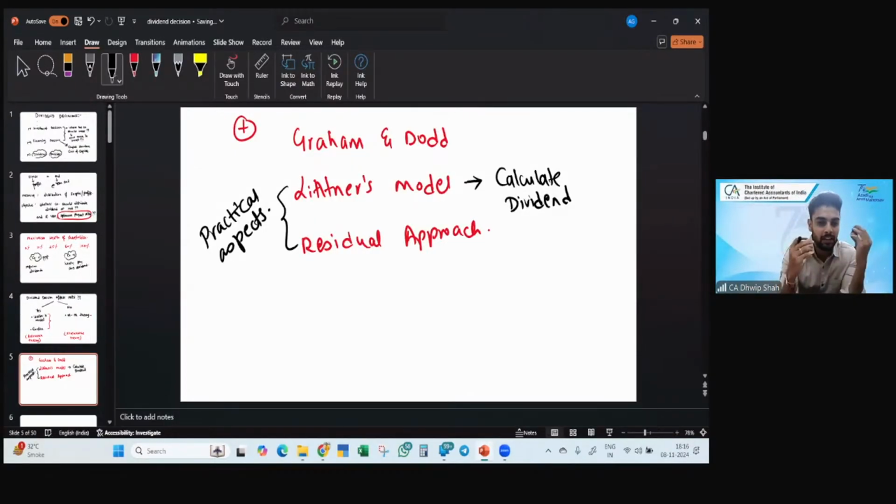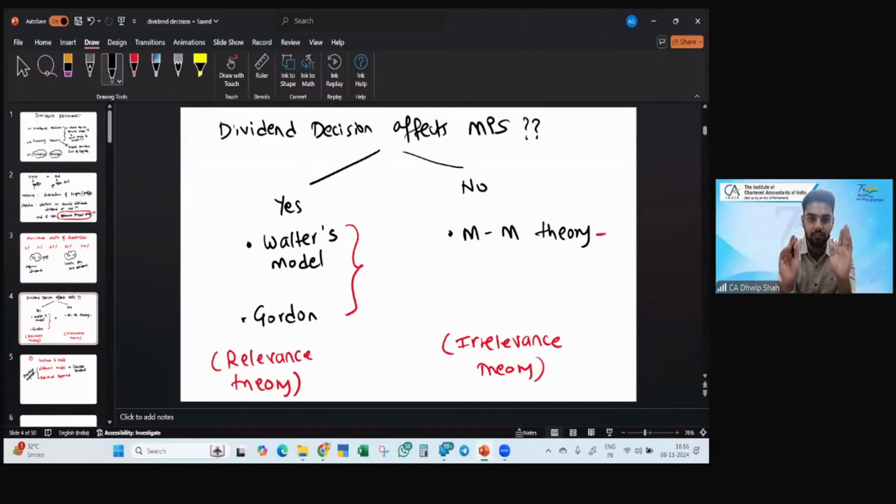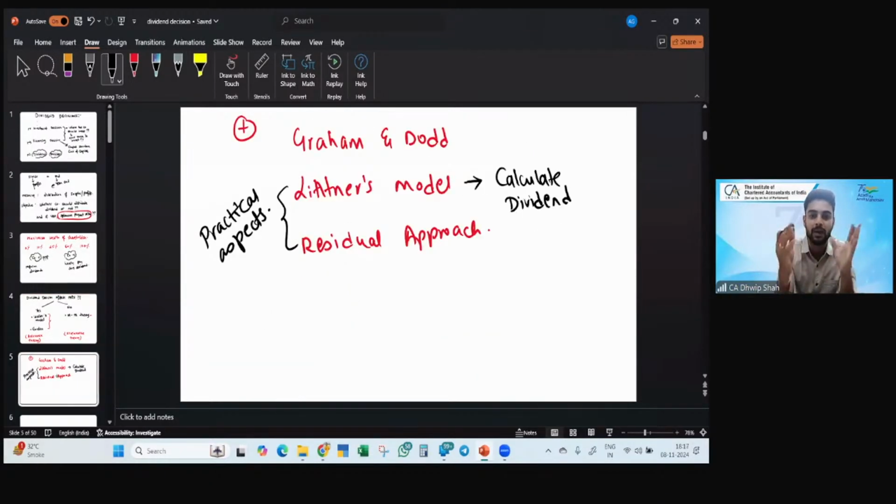They are not concerned with whether the dividend decision is relevant to market price or not. Unlike Walter and Gordon, Lintner is concerned with what the expected dividend in the current year should be. Whether it will have an effect on market price or not, I am not concerned with that. So these are more practical aspects.